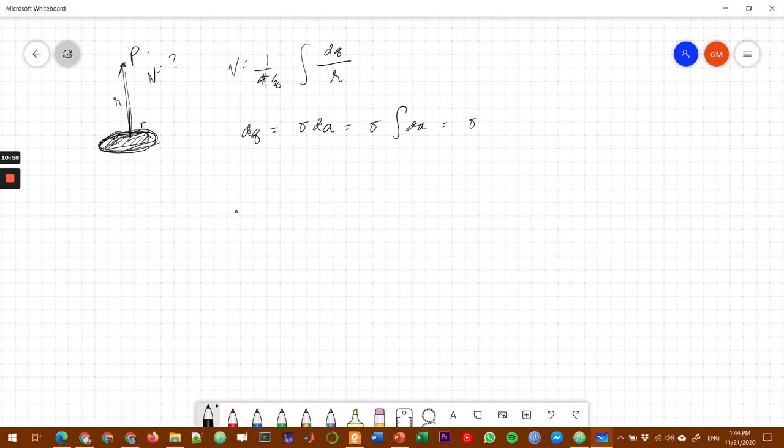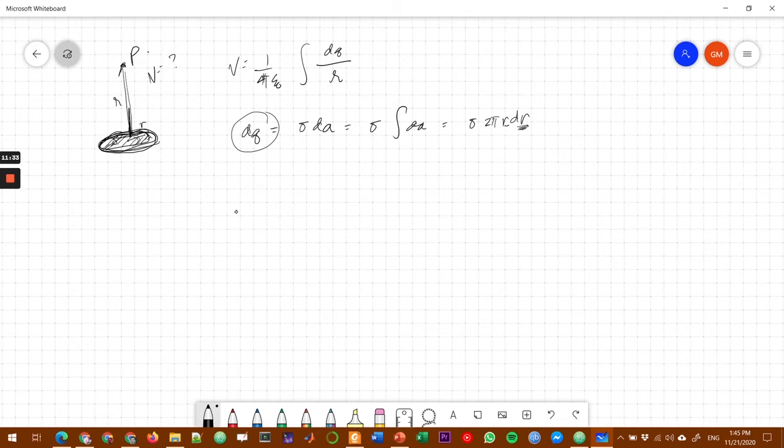So we have 2 pi r dr. Okay, so this is in terms of dq. So a small change in dq is actually a small change in your r component. Your theta, or phi, in this angle is actually constant. What actually changes is r, since the charge density depends on r. So we have sigma 2 pi r dr.